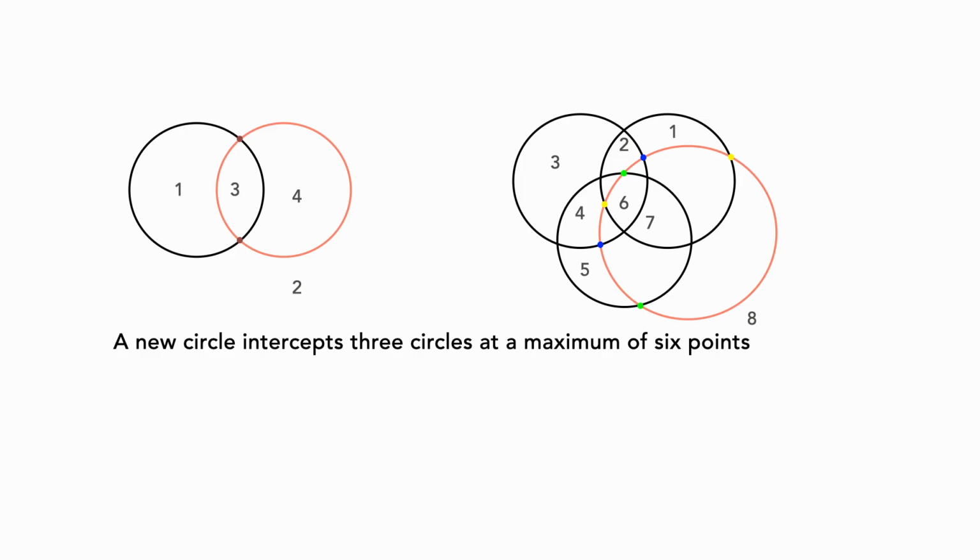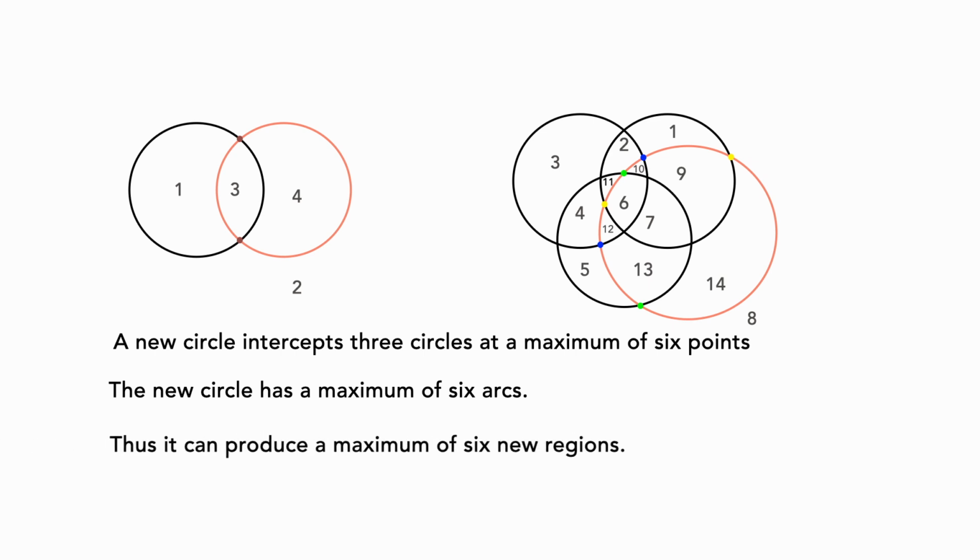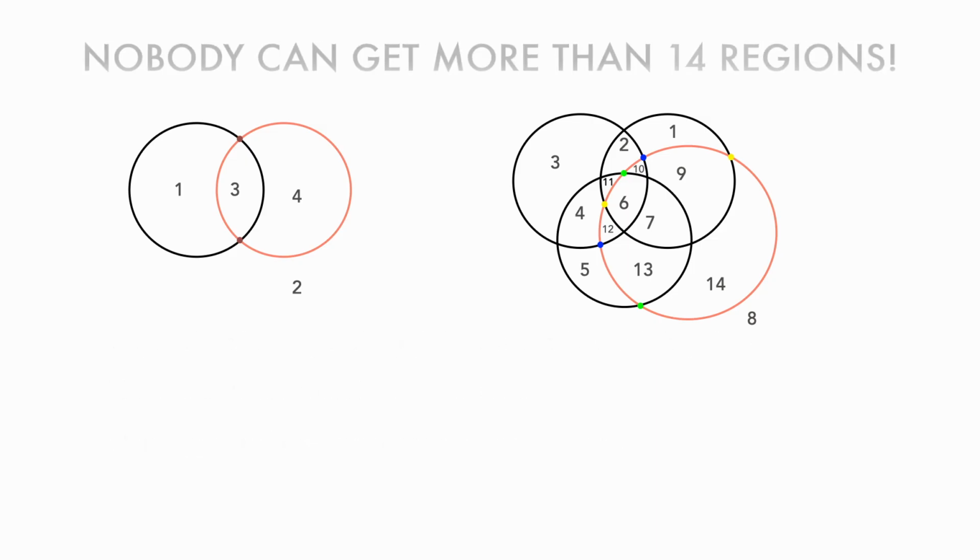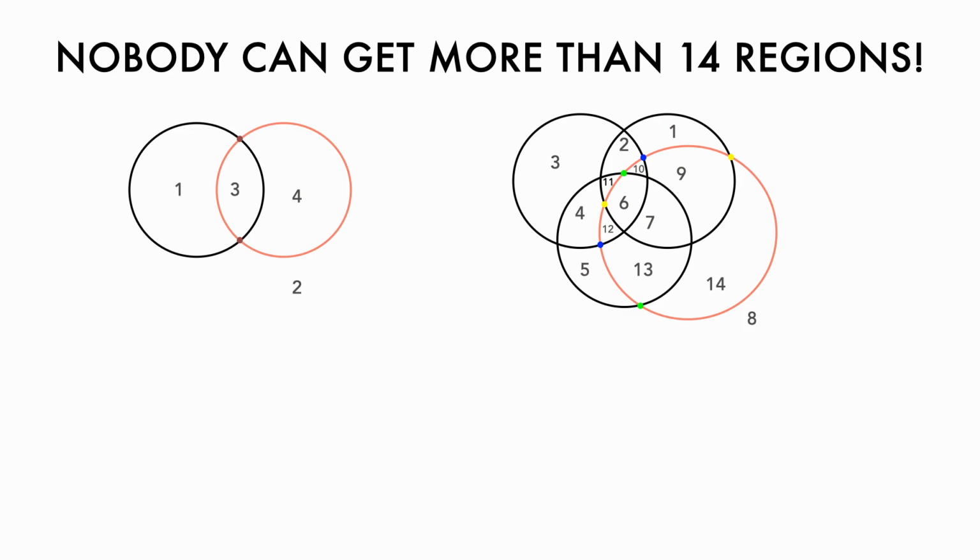These 6 points divide the new circle into 6 arcs, and each of these arcs divides the region it crosses into another region. So we get 6 new regions. Starting from 8 and adding 6 new regions, we get a maximum of 14 regions. That means nobody in the world can draw 4 circles and get more than 14 regions.